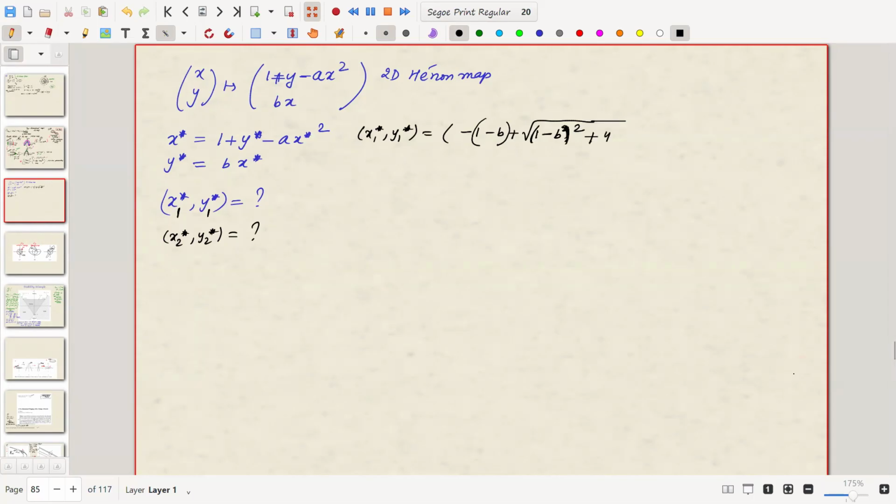Okay, this is the fixed point. And what is x2 star, y2 star?